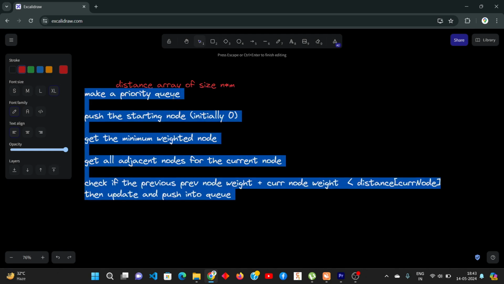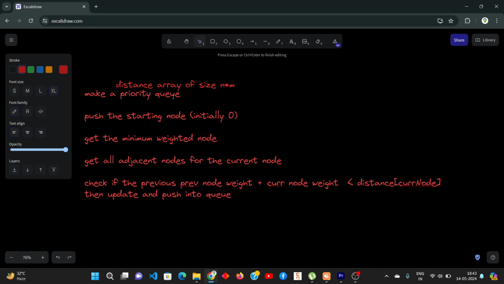Okay, so then we have to take the priority queue, and that is same for here also. And then we have to initialize the starting node with 0, and also here it will be same. And we just have to keep two variables, that is for the i position and the j position.